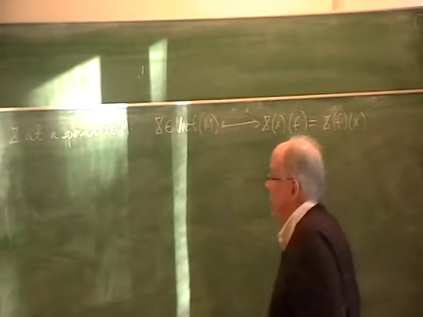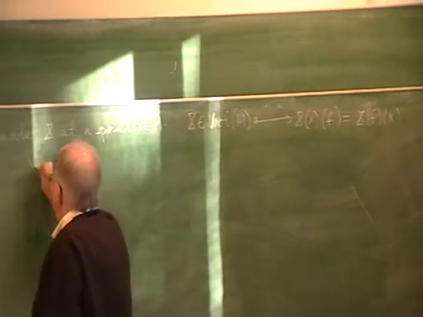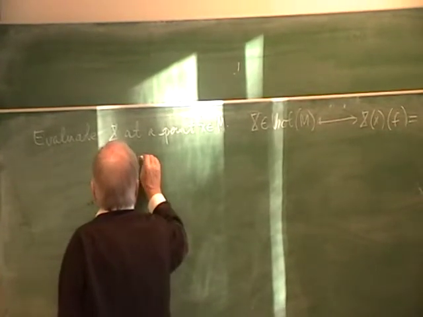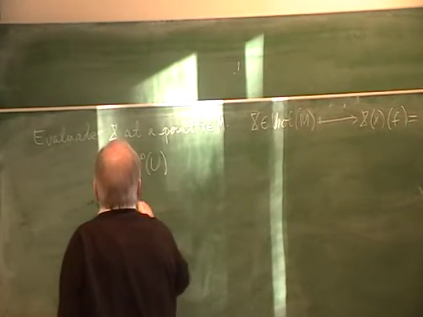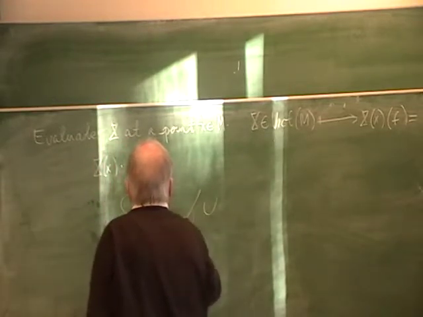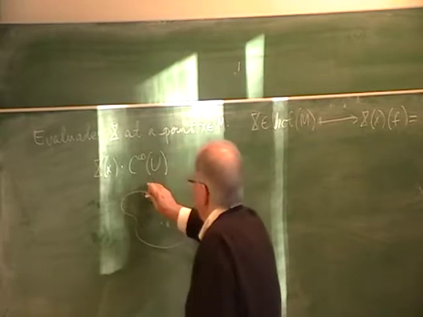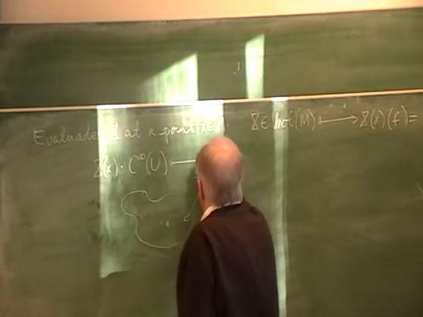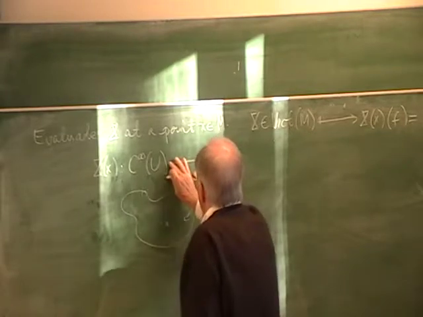So keep in mind that this thing maps anything. If you have an open set U and any C infinity function near that, I can differentiate it with respect to this vector field, and this means that you get a number.